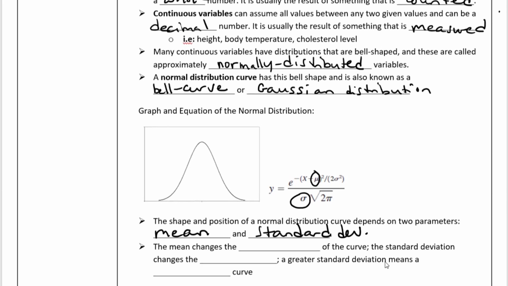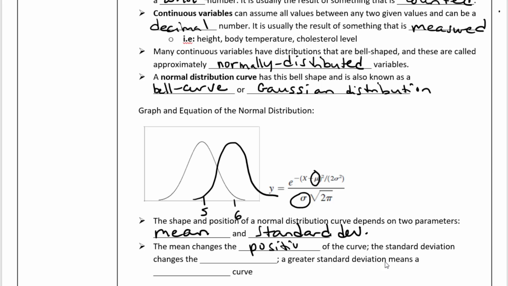The mean changes the position of the curve. Let's say this mean was 5. If it were 6, then the bell curve would shift so it looks like that. So the mean changes the position, and the standard deviation changes the shape. If the standard deviation is a big number, the curve is more spread out.